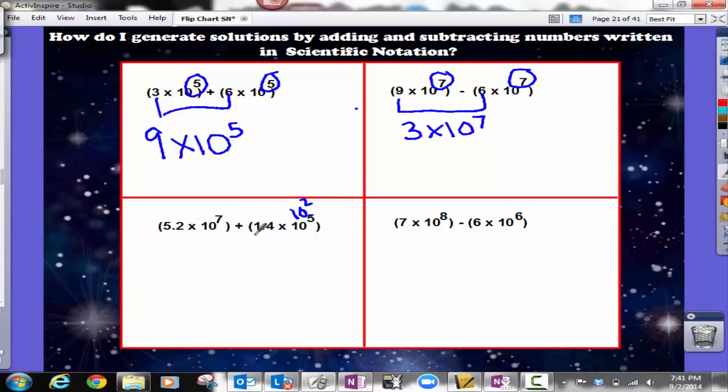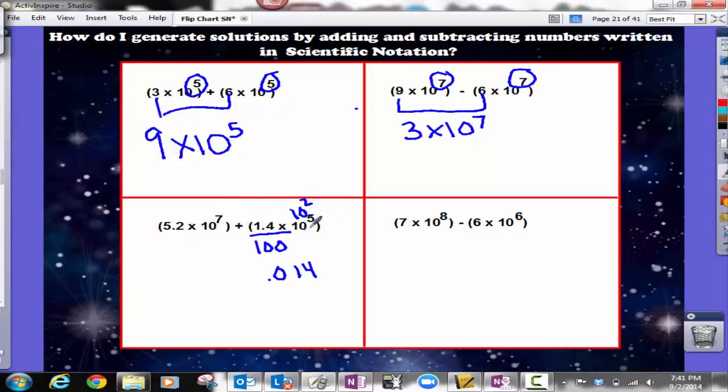So all I'm going to do is divide the 1.4 by 100. And when I do that, it's going to give me 0.014. Just move the decimal 2 spots there. So again, all I've done is I wanted to raise the 5 to meet the 7.